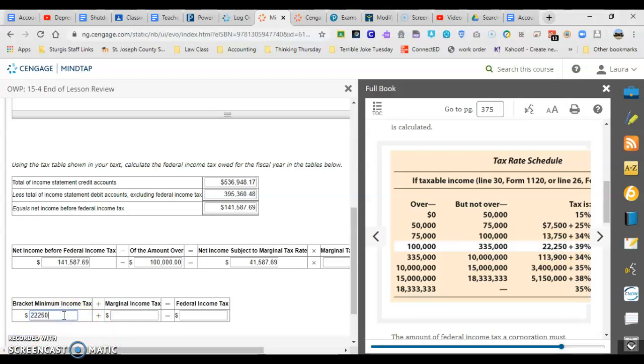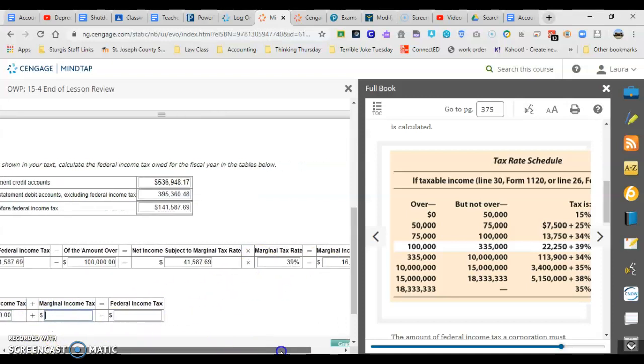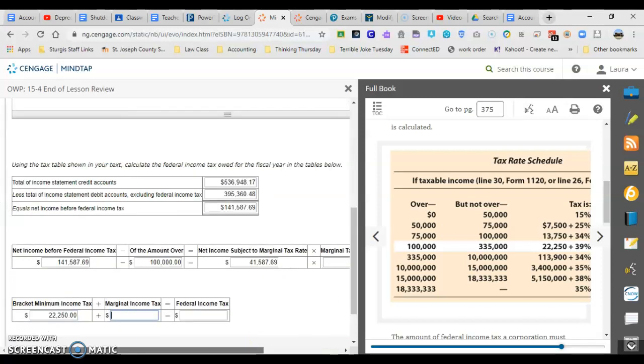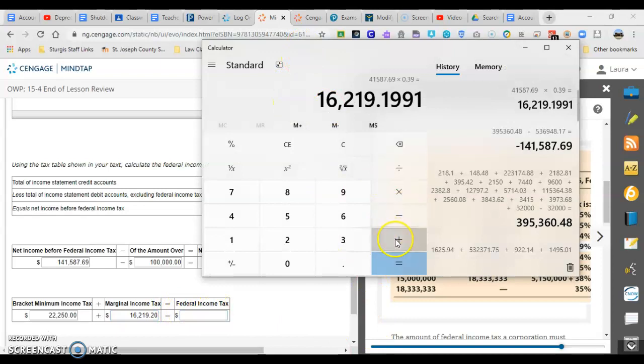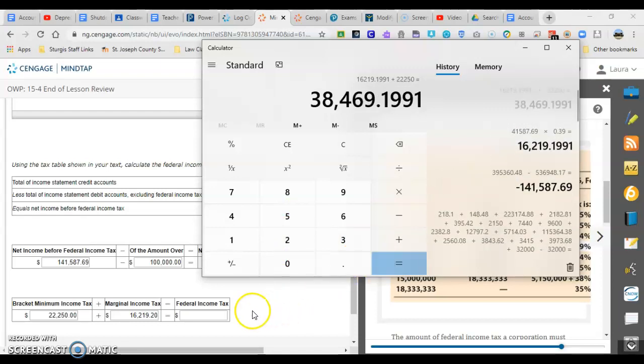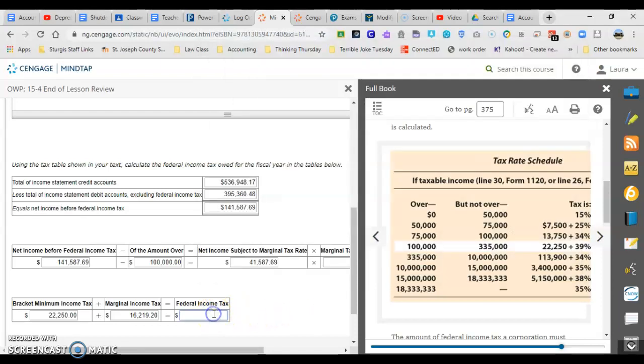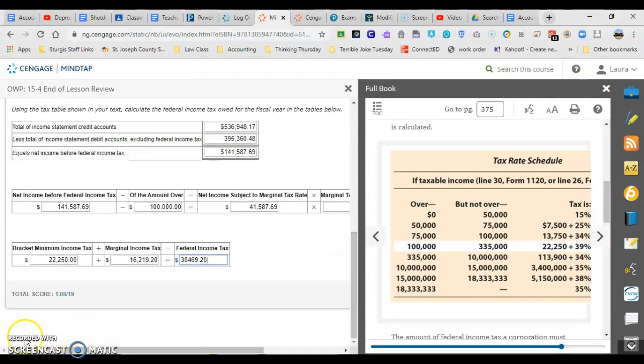So we're going to take 22,250 plus what our marginal tax that we calculated, which is 16,219.20, equals our federal income tax. We add the 22,250 to that, so we have 38,469.20 as the federal income tax.